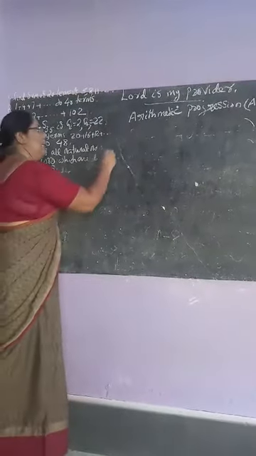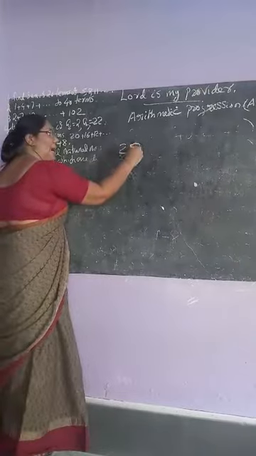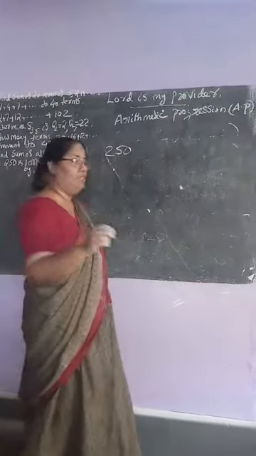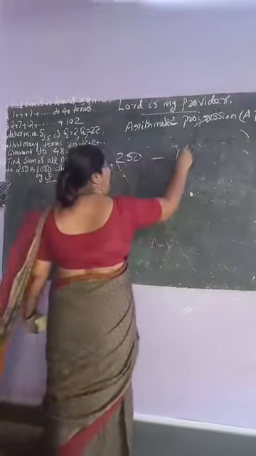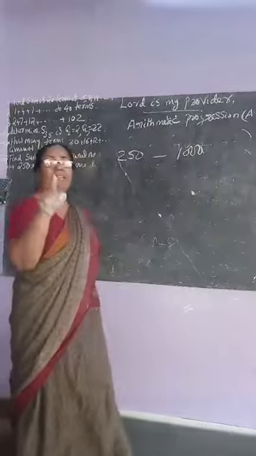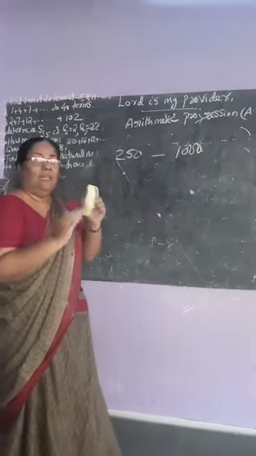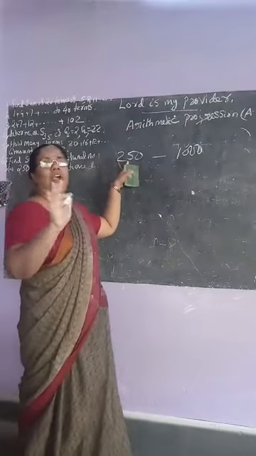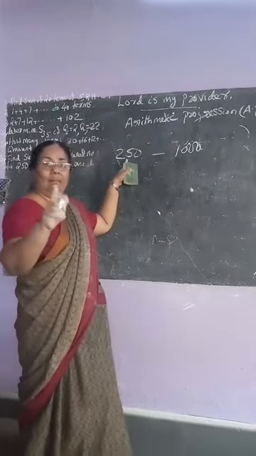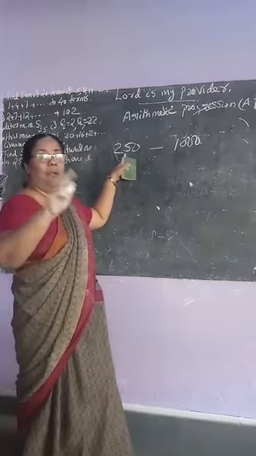That means here we select numbers between 250 and 1000. The condition is these numbers are divisible by 3. Can you say, is it 250 in between? Therefore, this 250 is not the first number. Can you say the first number which is divisible by 3?